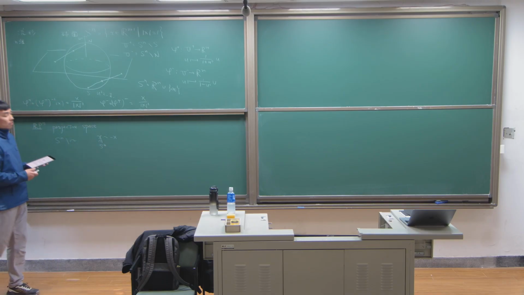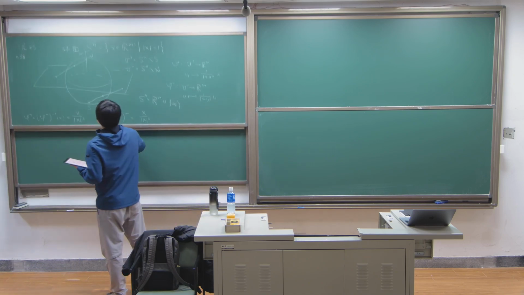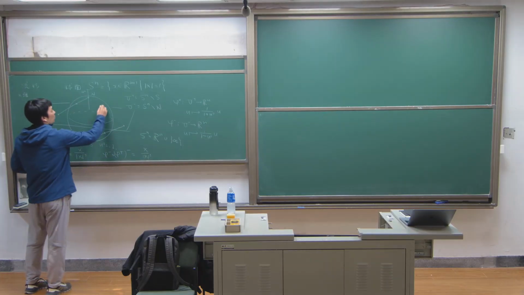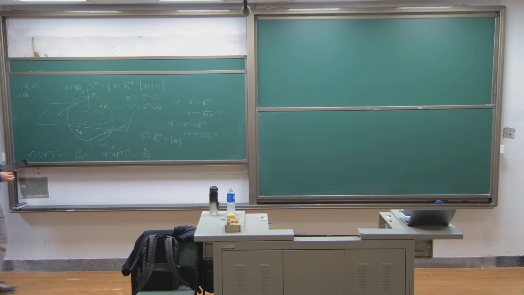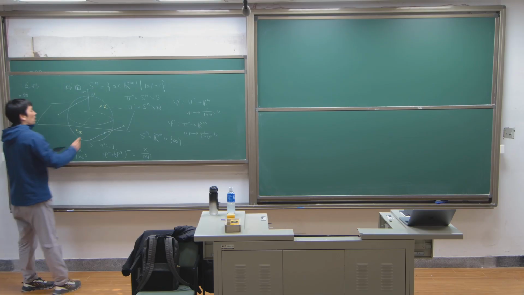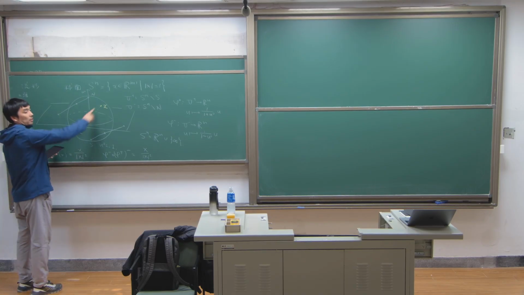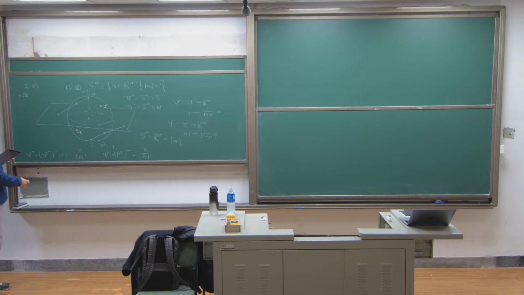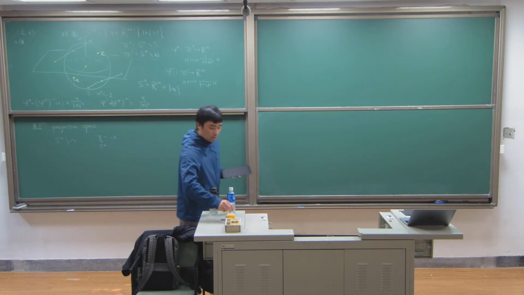So what you need to do is identify this point X and the opposite point minus X, like this one. You just identify, and then you have a quotient space.